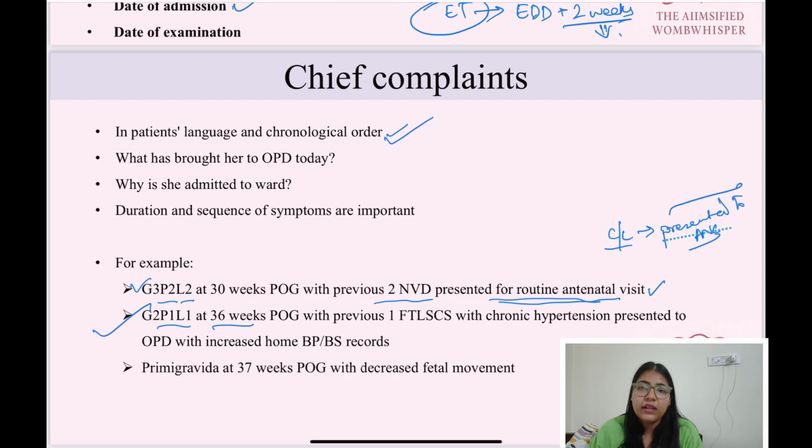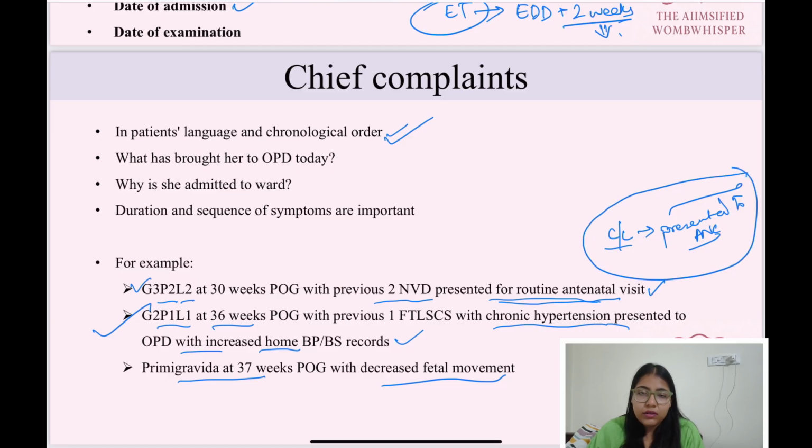If there is some significant obstetric finding from the previous obstetric history, you can mention it earlier so that the examiner may know the severity or the importance of your case. For example, with chronic hypertension presented to OPD with increased home blood pressure records, or patient is primigravida at 37 weeks period of gestation with decreased fetal movement. So the complaint can be anything, and it's better if you present like this.